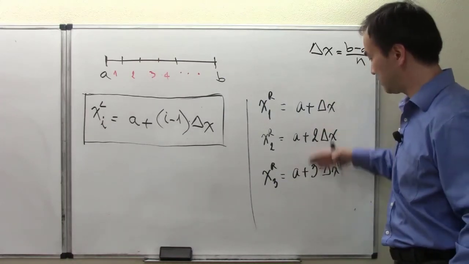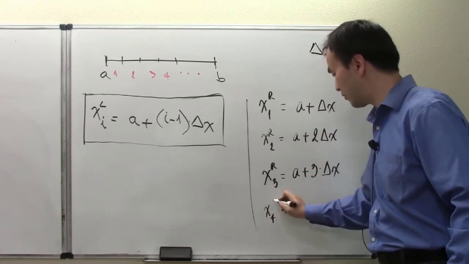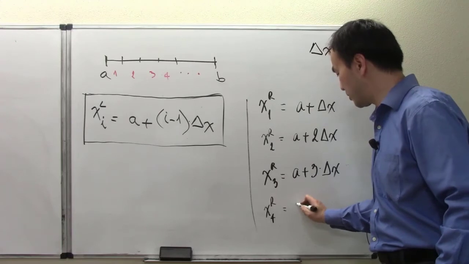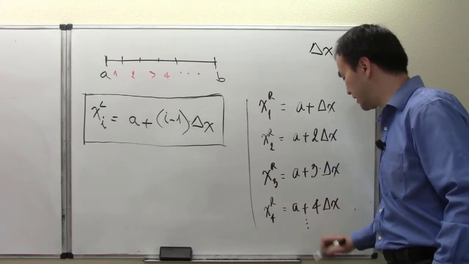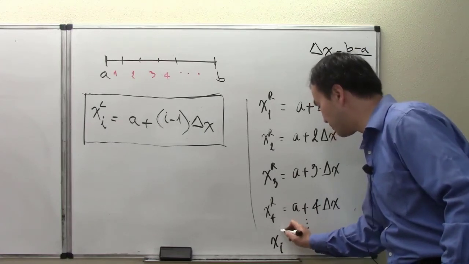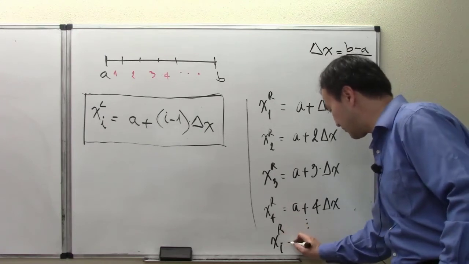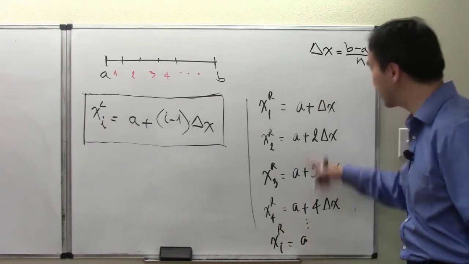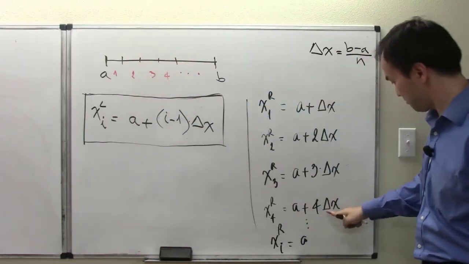How about one more step further: in the 4th interval, the right endpoint is going to be a plus 4 times the delta x. So now, generally, at any ith interval, the right endpoint is basically the starting point of the overall interval, plus i times delta x.